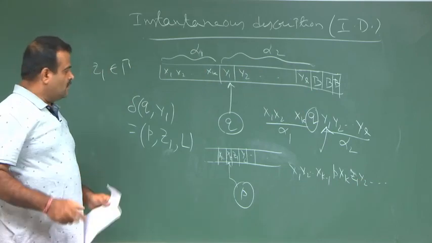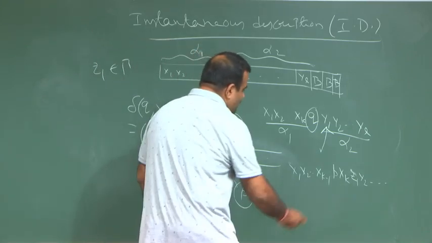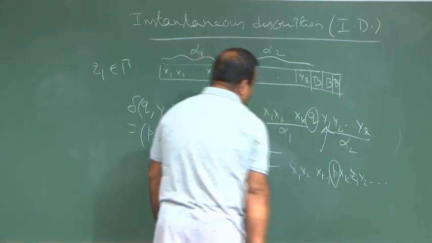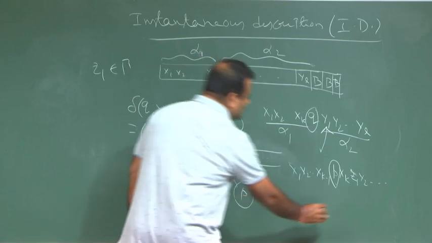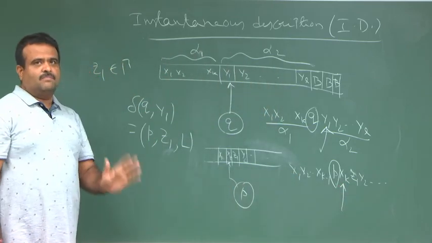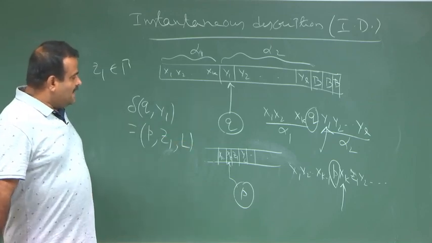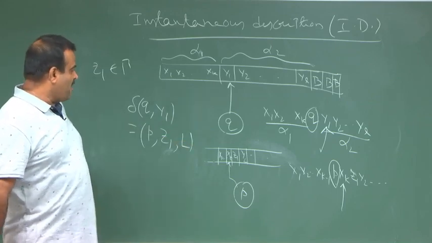Okay. So, this means that wherever we are putting the state, our tape head is pointing to the next symbol after the state. So, we are putting the state there and the next symbol is x k.